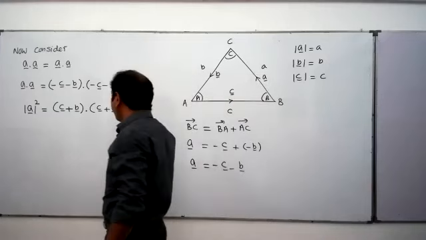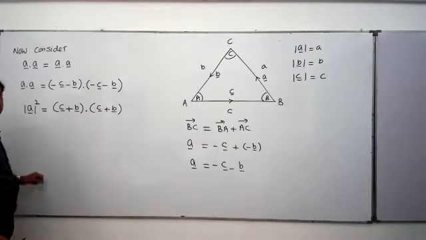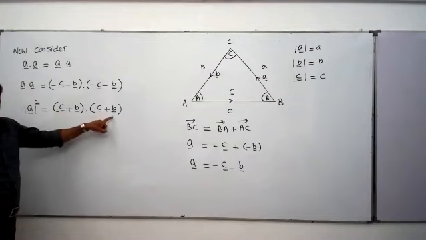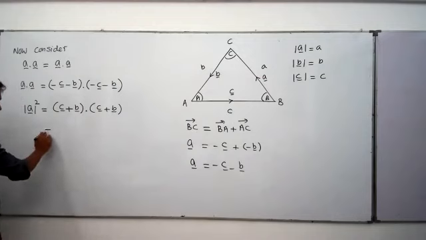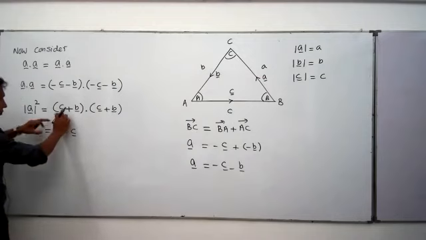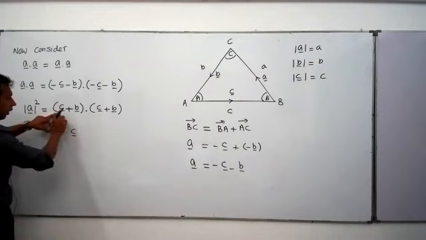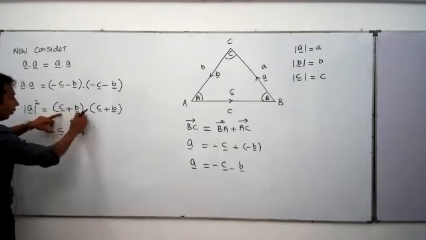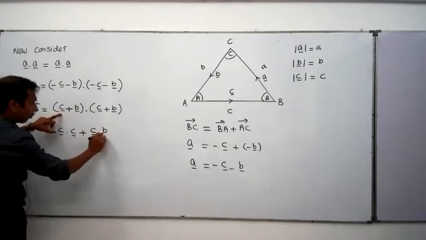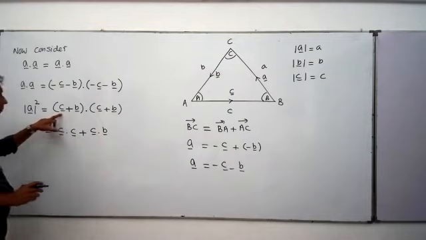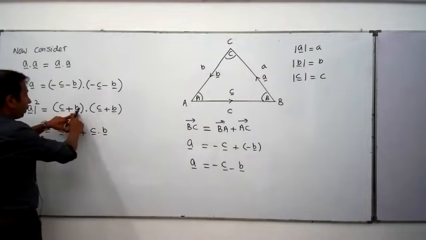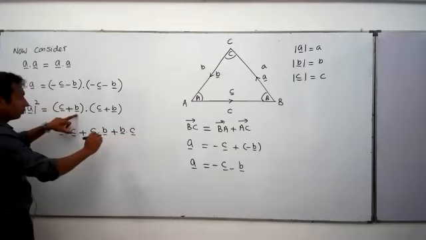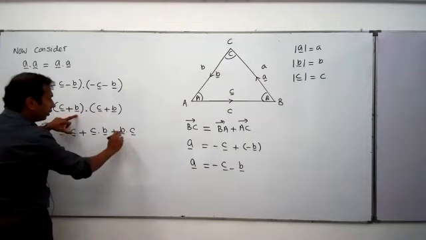Right. Now on the right hand side, you can take the distributive law. By using this vector C, we take dot product, this and this both, C dot C. And this and this, here plus, it's plus, C dot B. And now this B dot C, and B dot B plus.